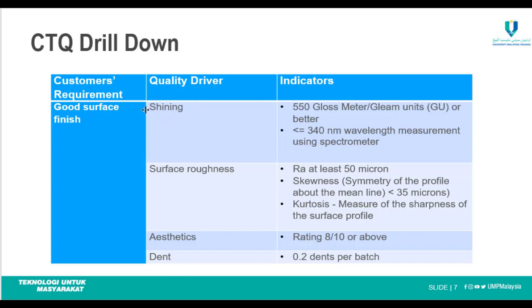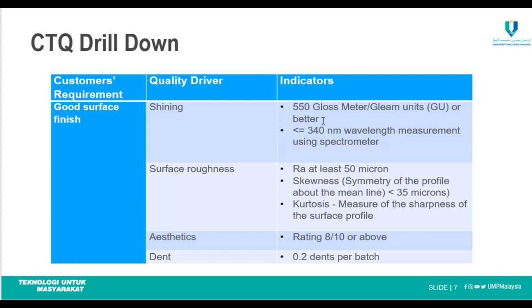For example, for shining, how can we define the shining part? We can define the shining part by using a gloss meter, right? It must have a certain value, for example 550 gloss units or better.